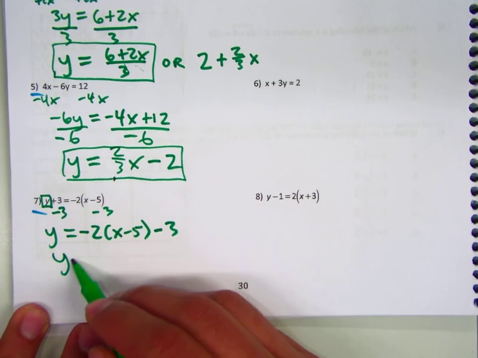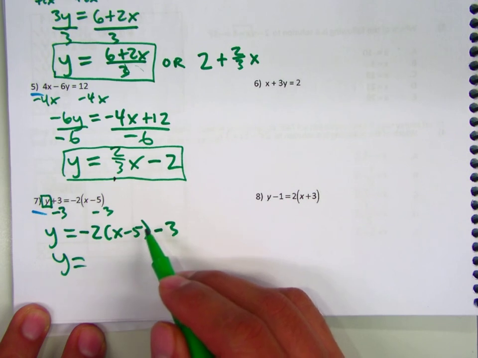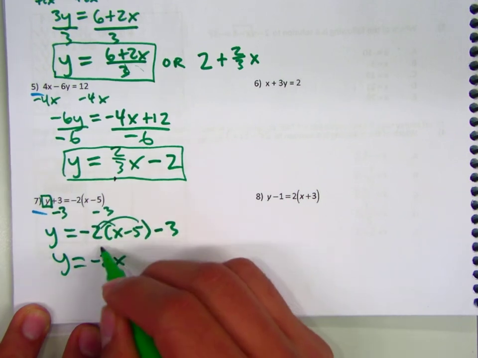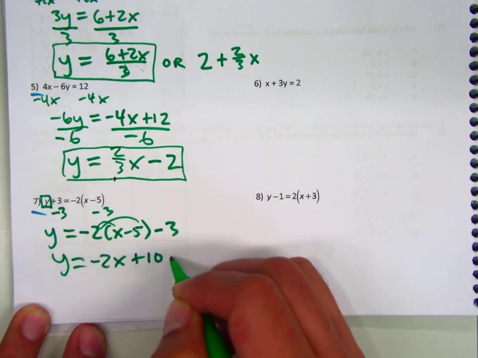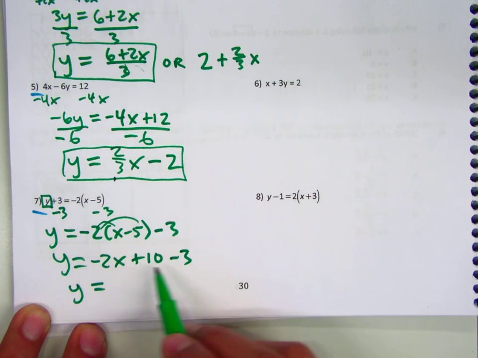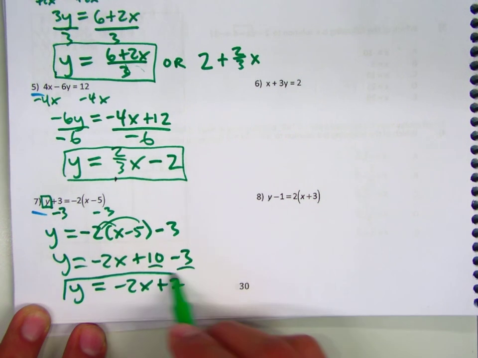And now we're going to try to simplify, okay? So if I distribute the negative 2, you get negative 2x, and then negative times negative is positive, so that's positive 10 minus 3. And so then here, you can combine like terms now. The 10 and the minus 3 give you positive 7, and so this would be your final answer.